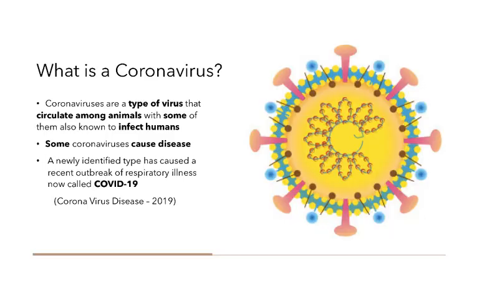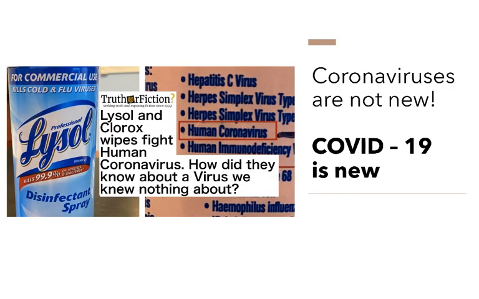Okay, so a couple weeks ago, some of you might have seen this picture on the internet where they said Lysol and Clorox wipes help fight human coronaviruses. On the back of a Lysol can, you might see something that says helps fight human coronaviruses. And people were freaking out, like, how did they know about a virus that's brand new? We know nothing about it.